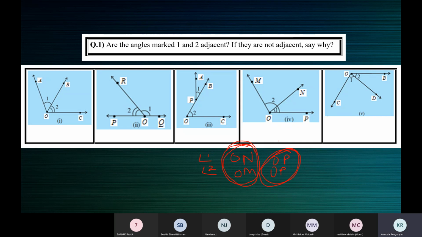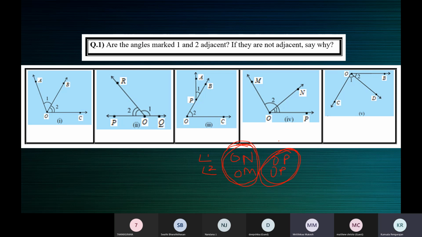Yeah, Mritika, please tell us which is the common arm in figure 4. OP, ma'am. OP is the common arm. Which are the non-common arms? OM and ON, ma'am.